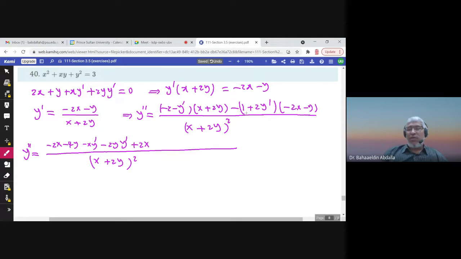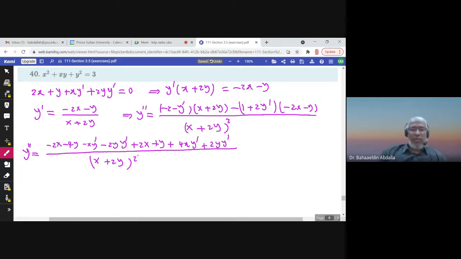Minus 1 times negative y, so plus y. Minus 2y prime times minus, so plus 4xy prime.